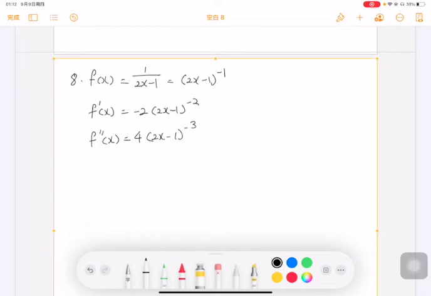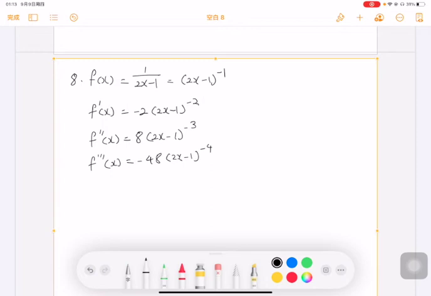Oh, with another chain rule, you get positive 8. And this is minus 48 times 2x minus 1 to the minus 4.